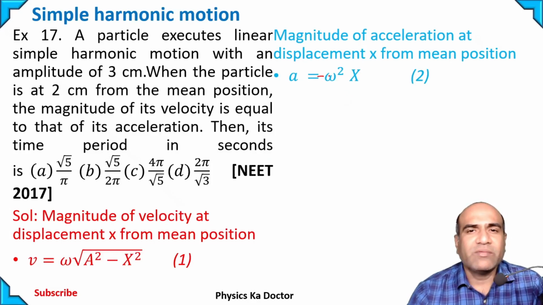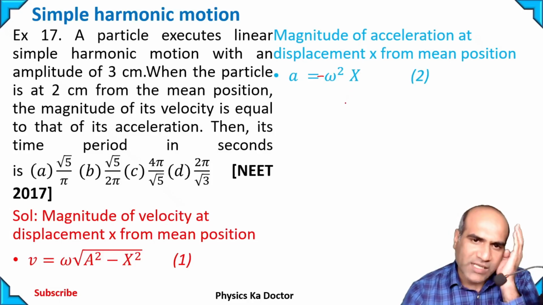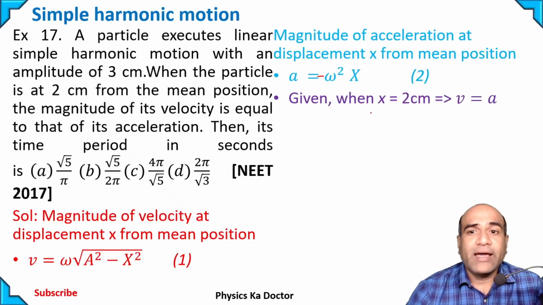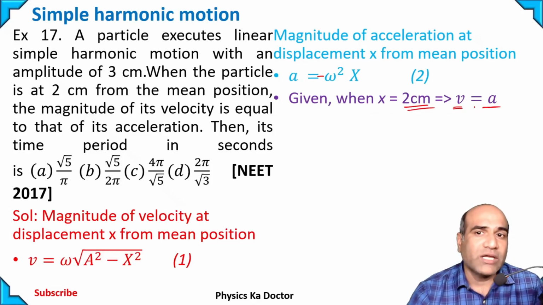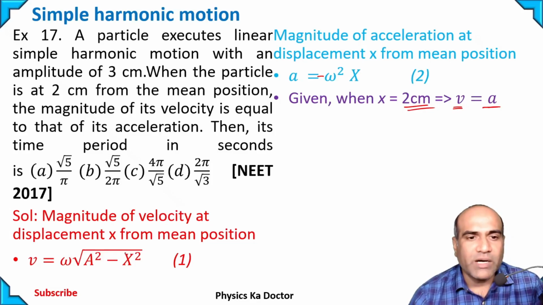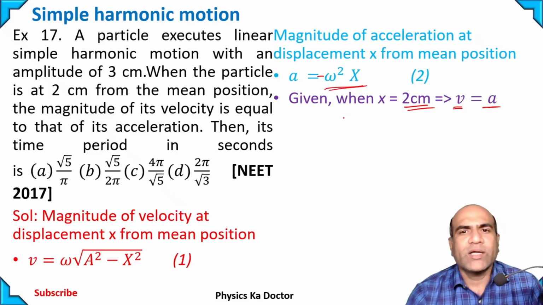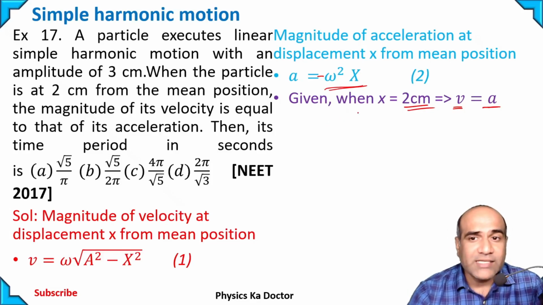We used a negative sign earlier, but when equating, we take the modulus of both. When x is equal to 2 centimeter, velocity and acceleration are both equal. So omega under root a square minus x square equals omega square x, and we need to find the values at x equal to 2 centimeter.